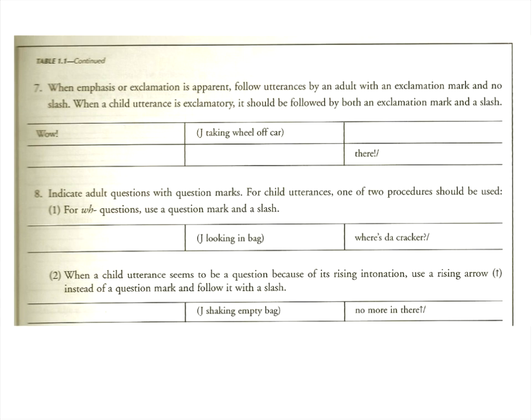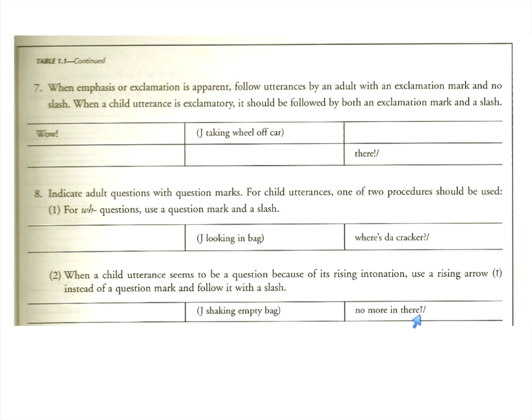Okay, when emphasis or exclamation is apparent, you use an exclamation mark. Now indicate adult questions. If it's a WH question, use a question mark. You see right here? Use a question mark.